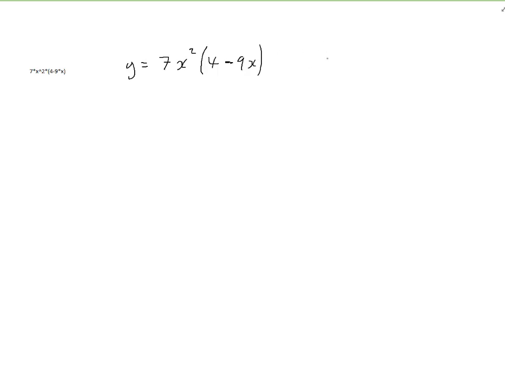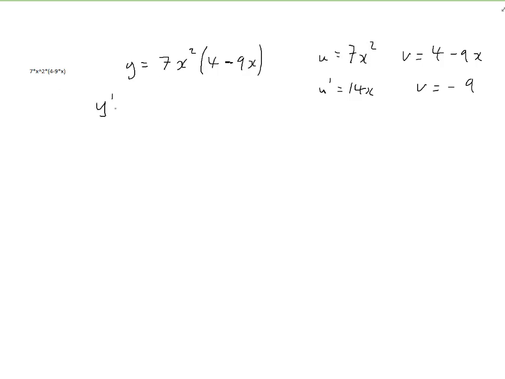So obviously u is 7x squared and v is 4 minus 9x. So we just differentiate these. v dashed is minus 9. This is a classic situation where it's something very simple. I'll probably make a mistake with a negative number, so watch this.